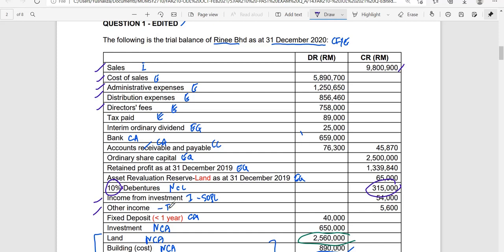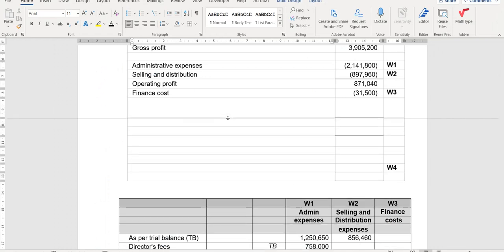Other income, let's say rental revenue, or maybe commission income, or maybe a decrease in impairment loss allowance of receivable. Those can also be included as part of other income. Income from investment can be interest income from fixed deposit, or maybe also dividend income from other companies. But here you are not informed, you are just informed about the amount as a total. So we will take that and include it here.